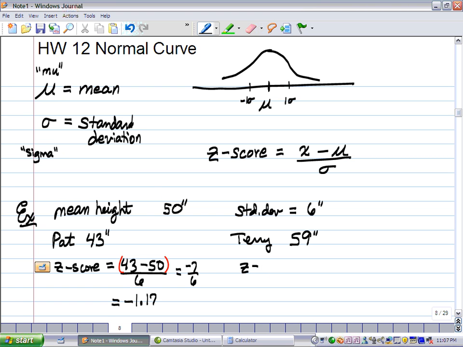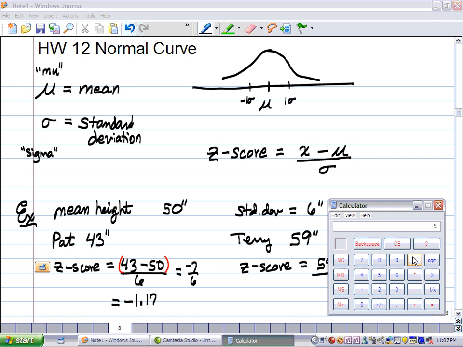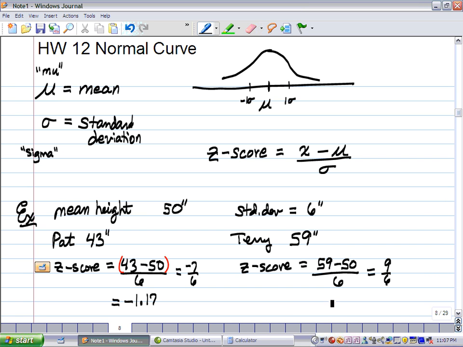Terry's z-score, on the other hand, is 59 minus 50. 9 minus 0 is 9/6. 9/6 is 1.5, but we are going to make it to the hundredths place.